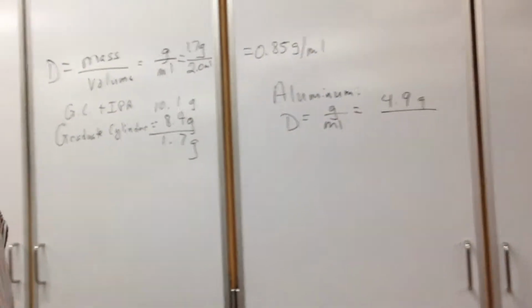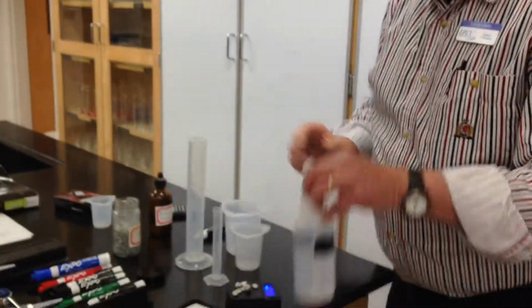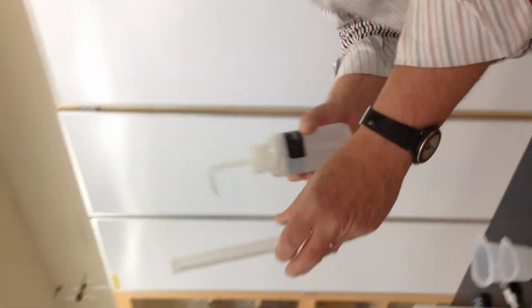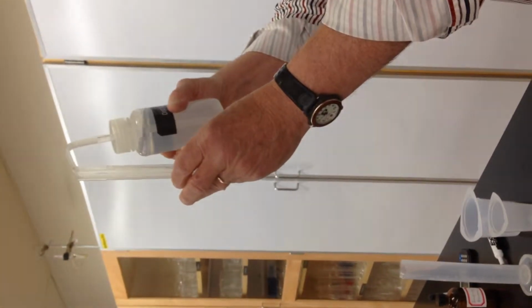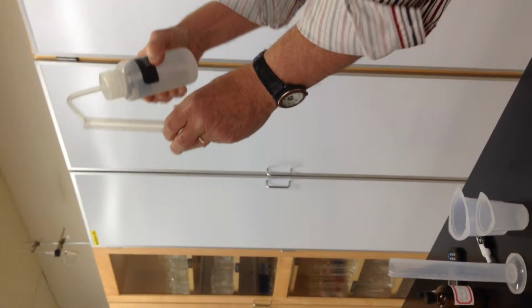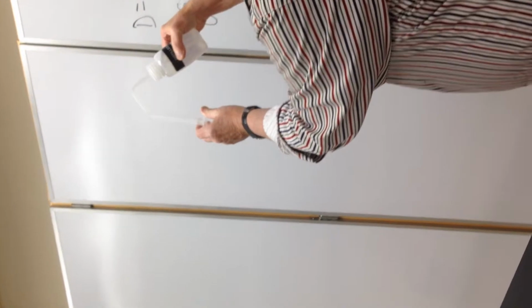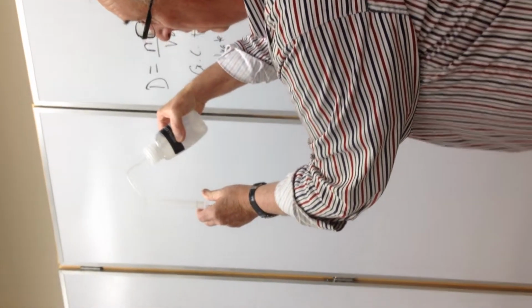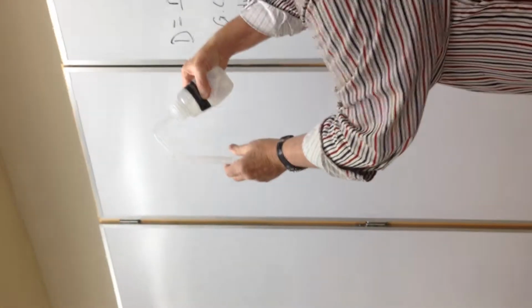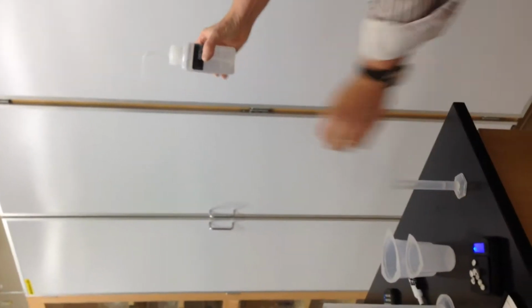Now, to get the volume, what we'll do is, again, this is just a regular graduated cylinder that was in our kit. I'm going to fill it up with water. Got a leak in my water bottle here, so let's correct that.